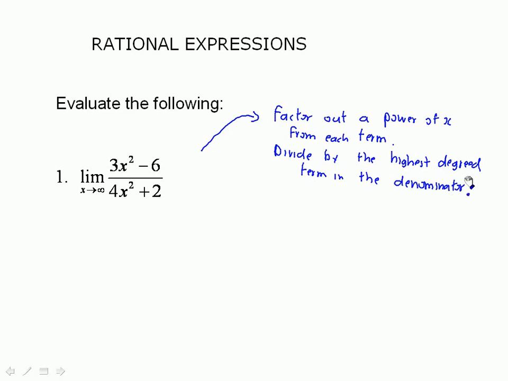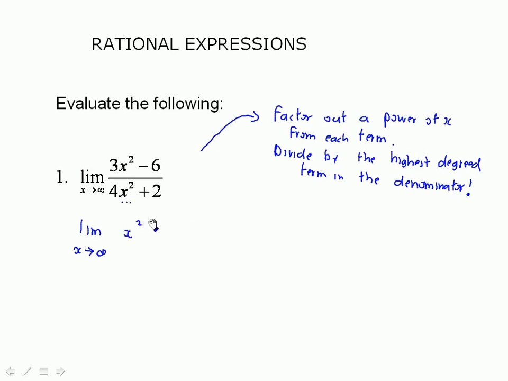So some of you will choose to divide by the highest degree term on the numerator, and it works. It doesn't really matter. I like this because it's a little easier to interpret, but we'll have an opportunity to play around with that format later on. So what I do is each of those terms, I factor out an x squared, because that's the highest degree term of the denominator.